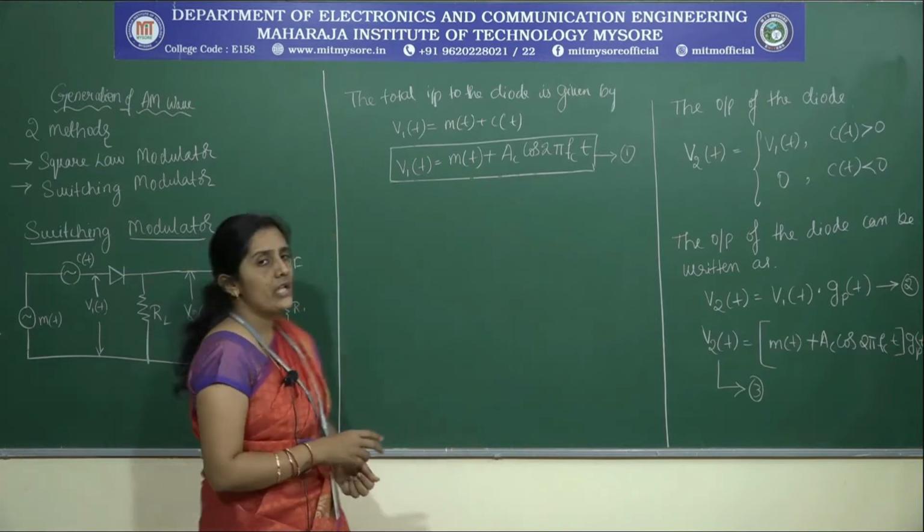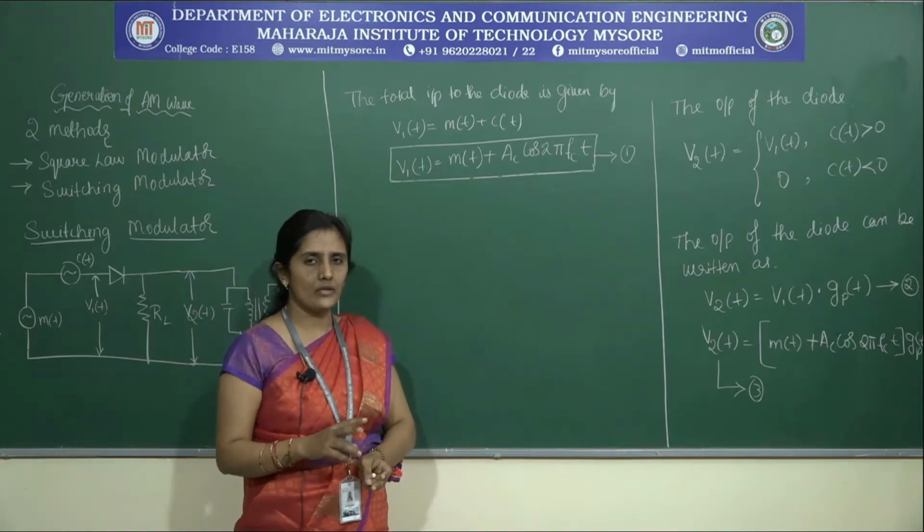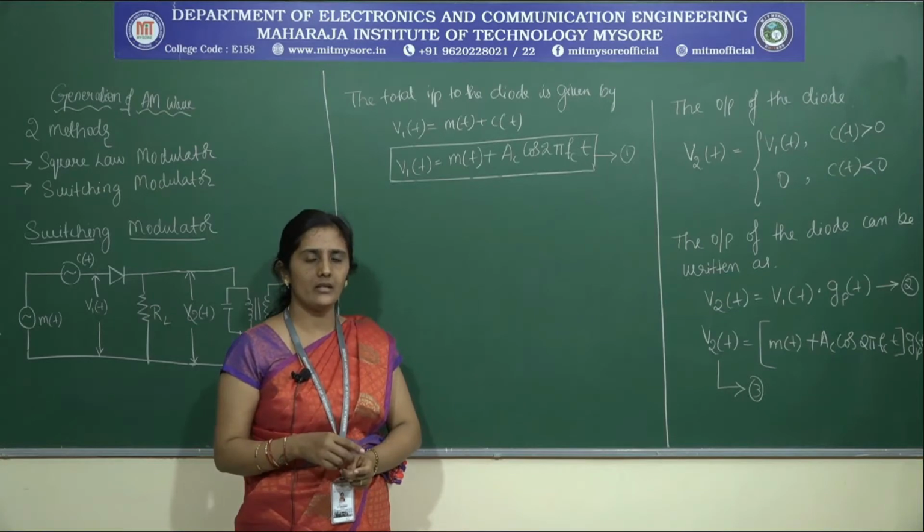Now we are going to explain two conditions with respect to the diode: one is forward bias and the other is reverse bias.